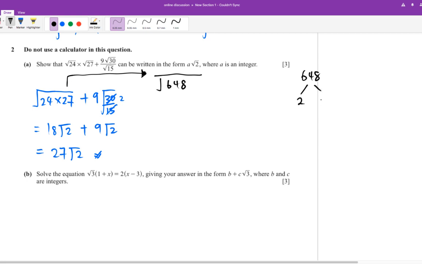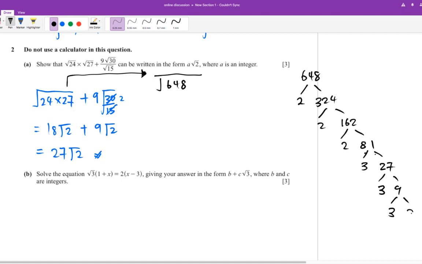If I divide by 2, I will get 324, and then divide by 2 again, I will get 162. I divide by 2 again, I will get 81. 81 cannot divide by 2, right? I divide by 3. 81 is 3 power of 4, right? Let me just show you. So I will get 3, I will get 9, I will get 3, I will get 3.